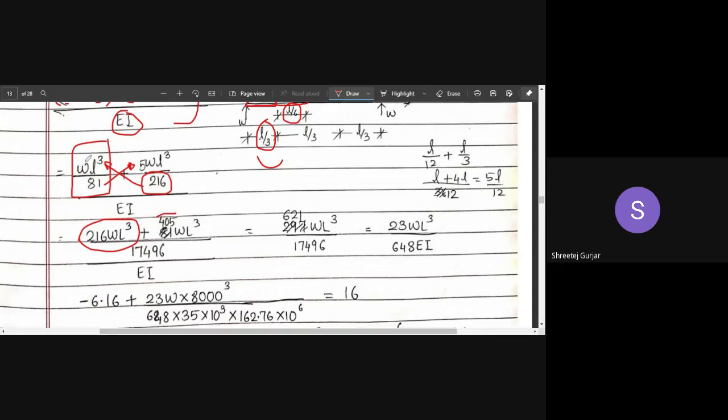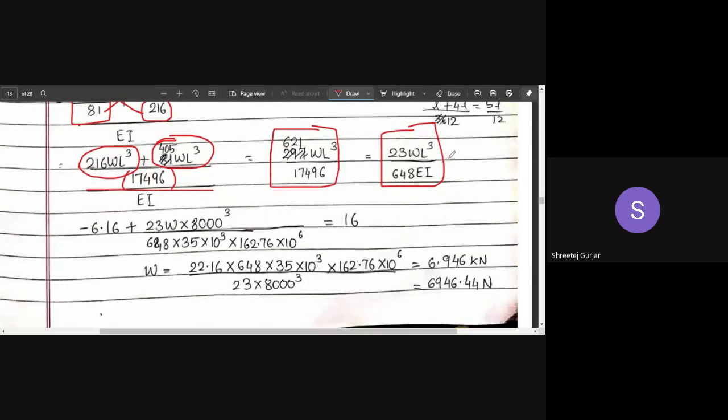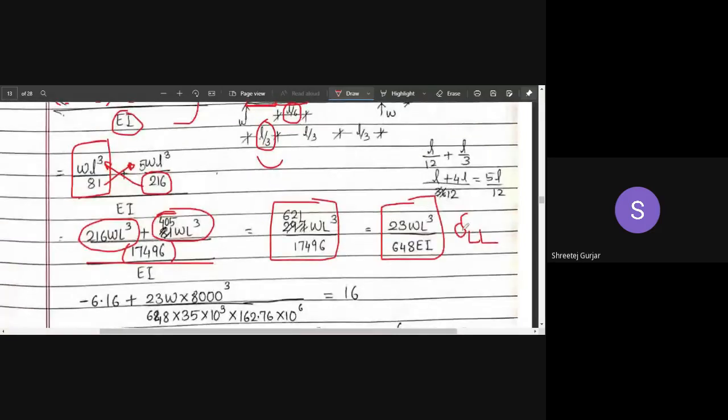So 216 WL cube is written over here, and this 81 into 5 is 405, 405 WL cube, divided by 216 into 81, which is 17496, divided by I. We have taken the LCM, then you can simplify further and you will end up with this formula. So this is delta LL.